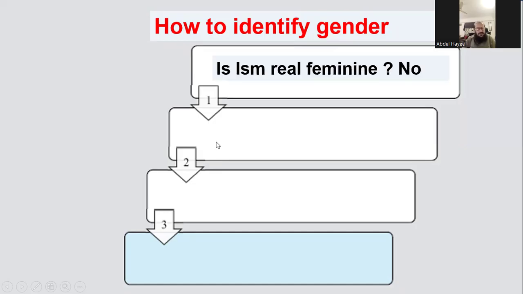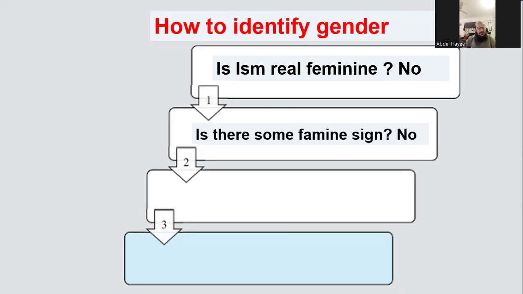First question, is this ism a real feminine? Meaning, does the ism we are considering have a real feminine? If you say yes, then it is a real feminine. If you say no, it does not have a real feminine, then we ask the second question, the second stage.